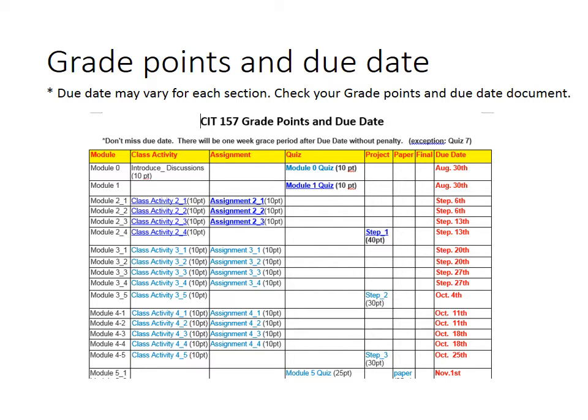Don't miss the due date. There is a 1 week grace period after each due date without penalty. It means I will give you 1 more week to finish any unfinished work. However, do not take too much advantage of the grace period. After that, the links will be gone.